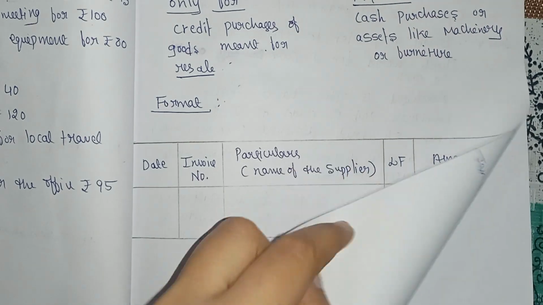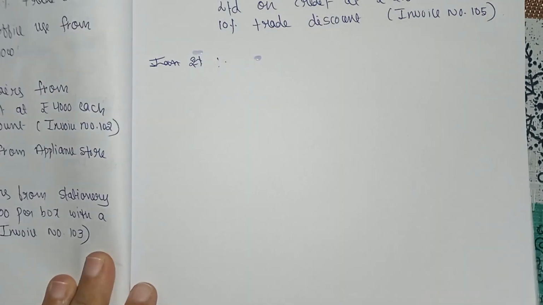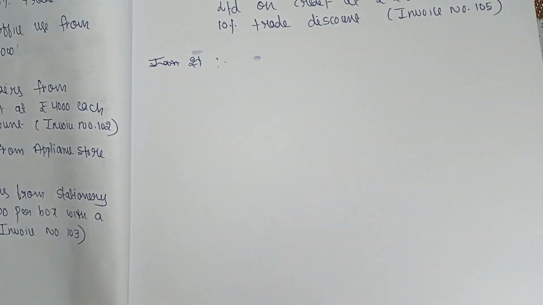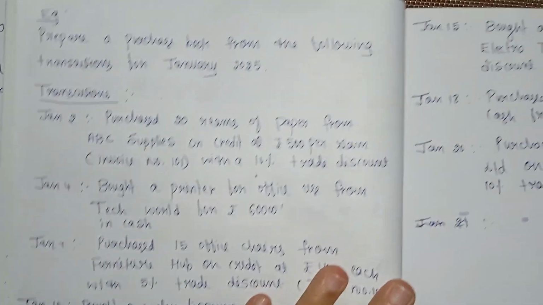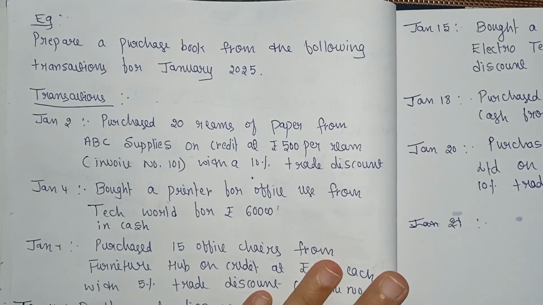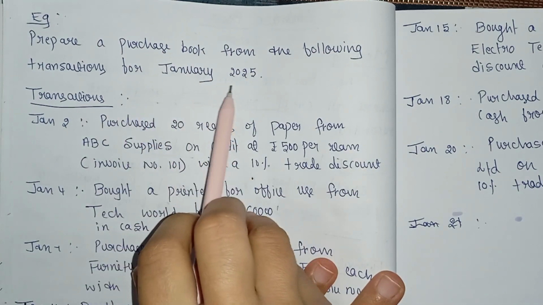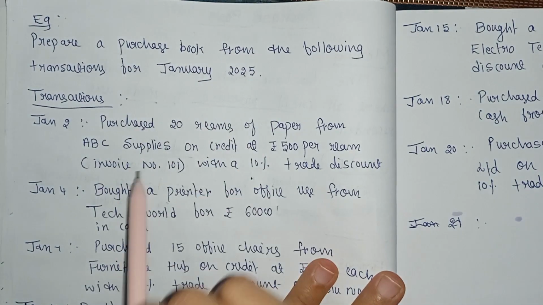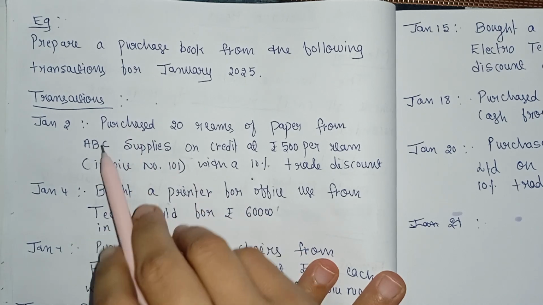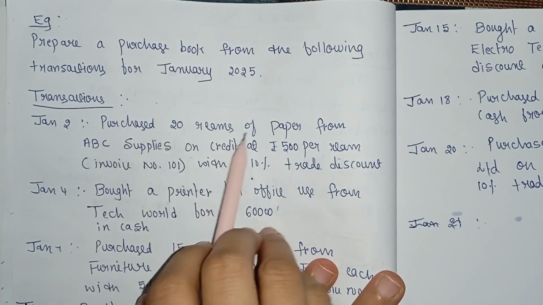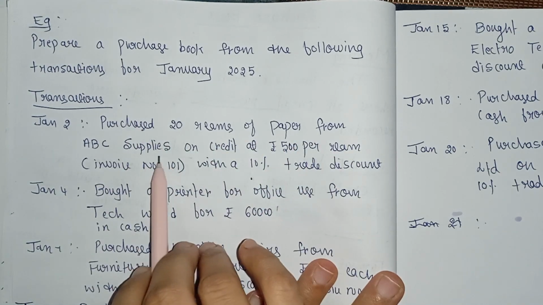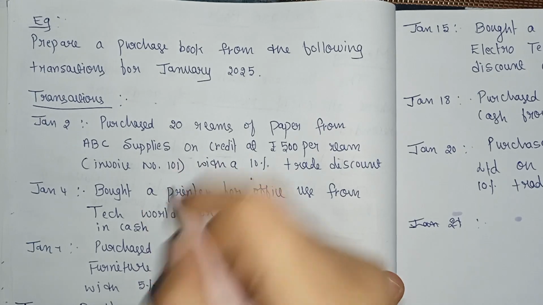Now we will understand this concept through one example. Prepare a purchase book from the following transactions for January 2025. Transactions are: on Jan 2nd, purchased 20 reams of paper from ABC Supplies on credit.